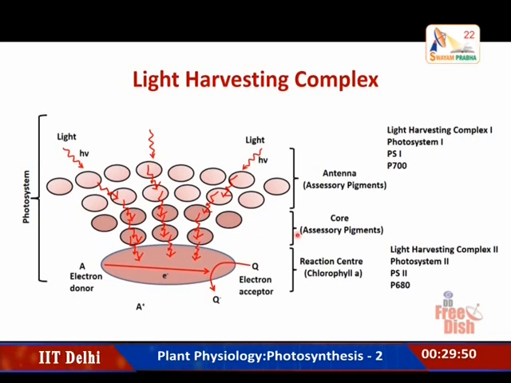Light harvesting complex 1 exists in two different forms. One is called LHC1 P680 and the other LHC1 P730, and these two are collectively known as photosystem 1.